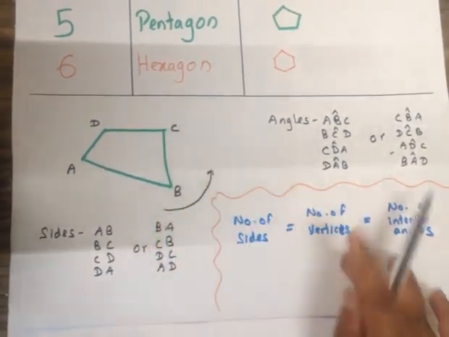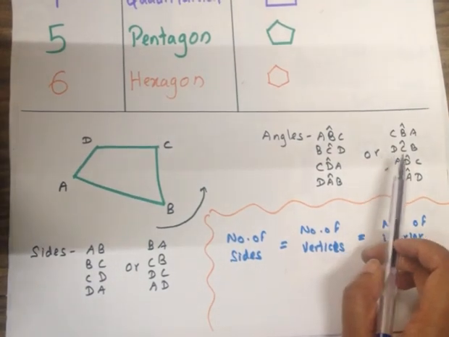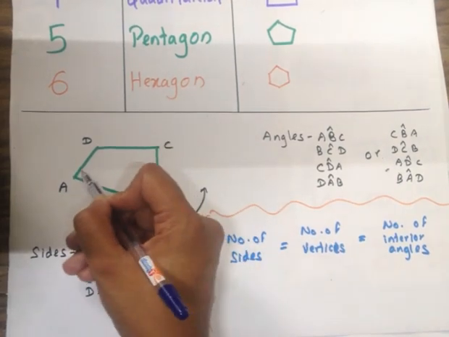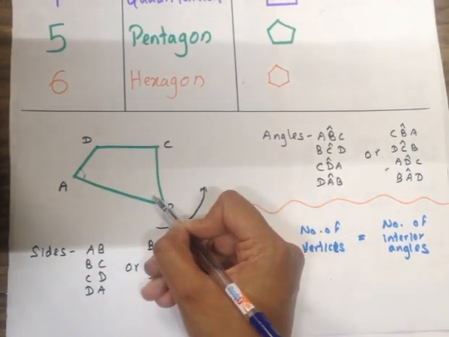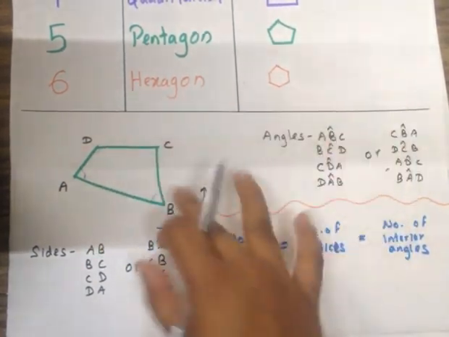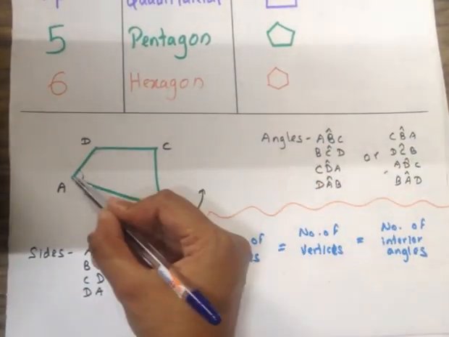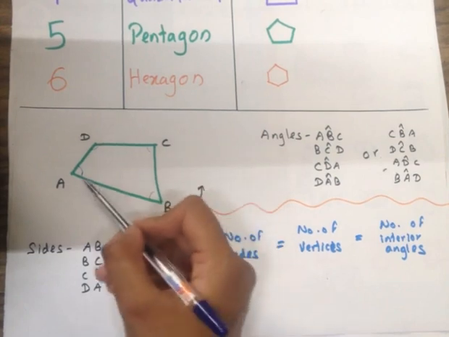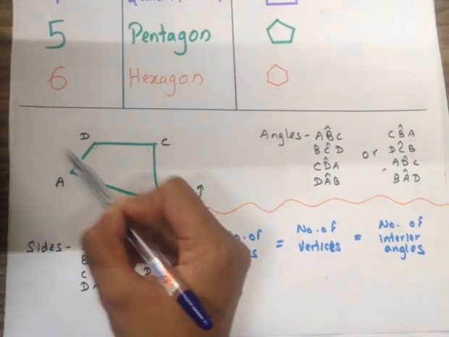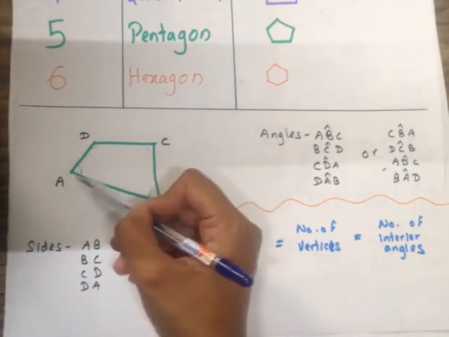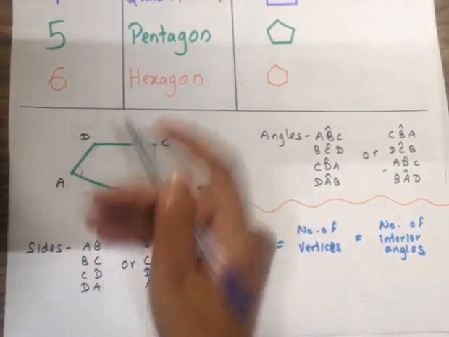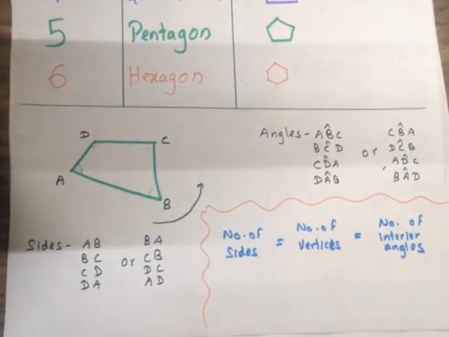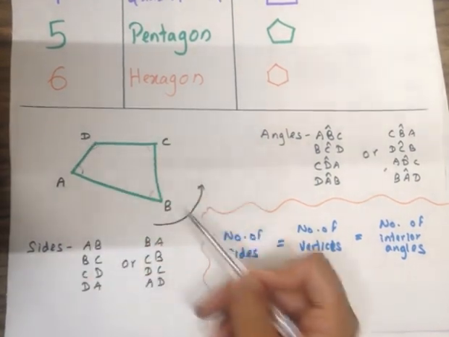So when we are talking about the angles, here you can see these 2 sides form an angle here. Similarly, there are 4 angles in this polygon. So when we are naming an angle, we have to use 3 English letters. That means if we think about this angle, we name it as DAB angle or BAD angle. It is not compulsory to use one format, BAD or DAB.